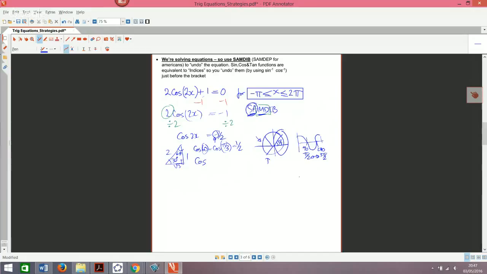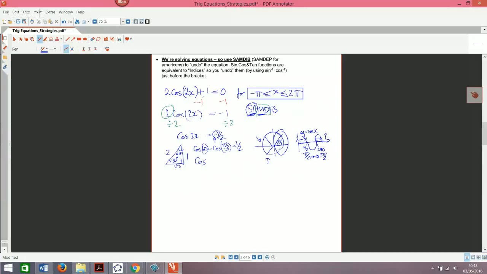And it's not negative in these two quadrants. You can see that in the graph. 0 to 90, it's not negative, because it's above the y-axis, so cos x, which is equal to the y-coordinates, that's what y equals cos x means, is not negative. So it's here and here that it's positive, and here and here that's negative.